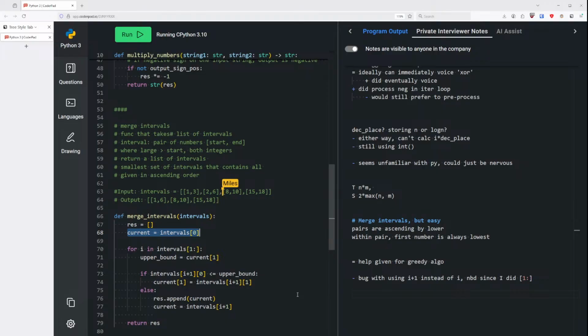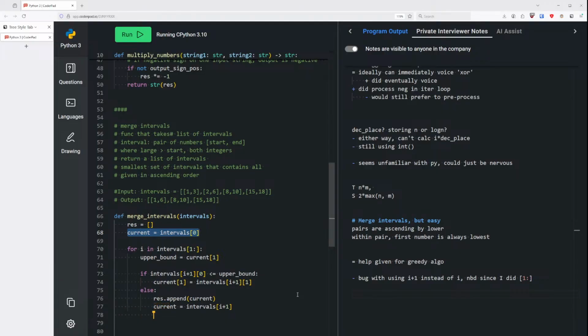So we'll have 8, 10 as our thing. We see that doesn't overlap with the 15. So then the current during our last iteration will be 15, 18. And then if that wasn't overlapping, then it still has to be a part of the results.